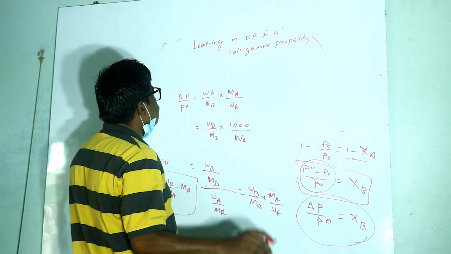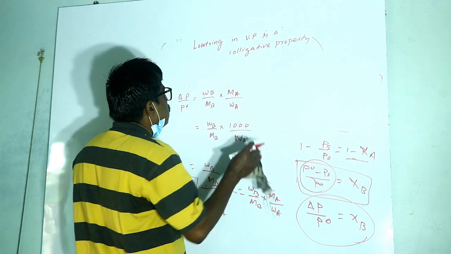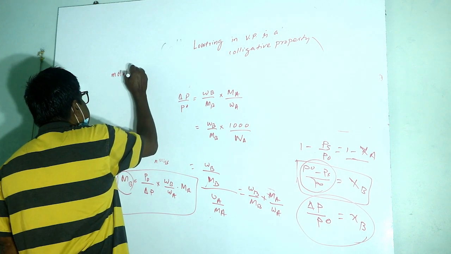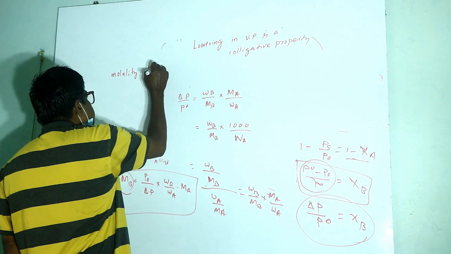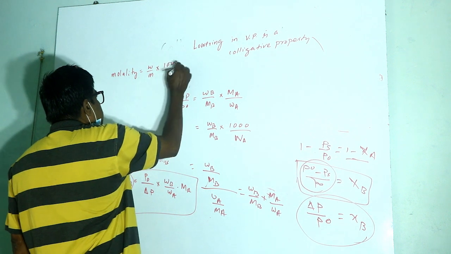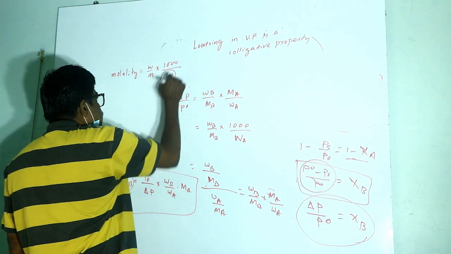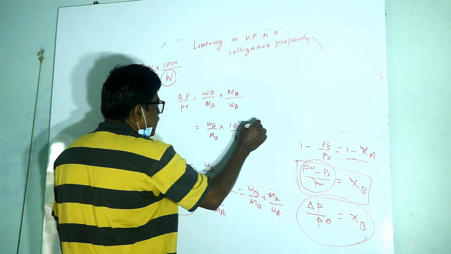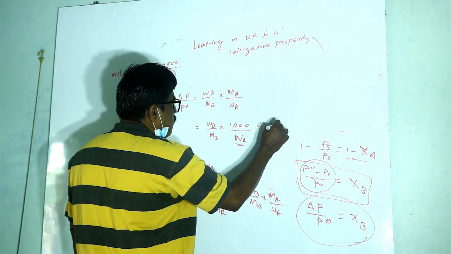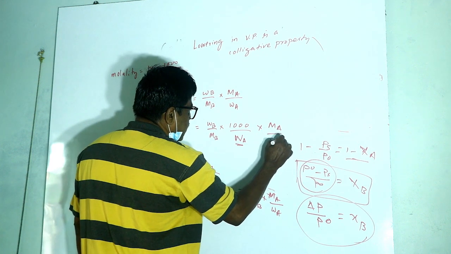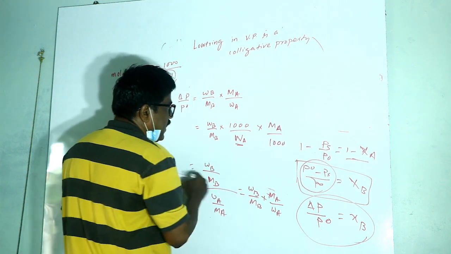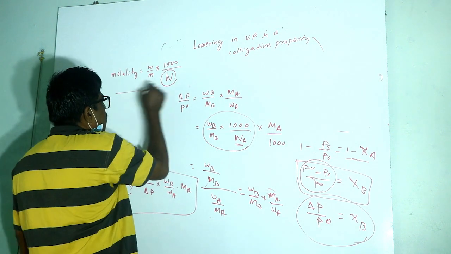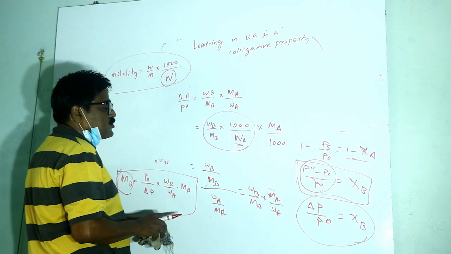So now here we can write molality is equal to W by molecular mass into 1000 by capital W. Here W is the weight of the substance in gram, and here another term, MA, we can write with 1000, because 1000 is multiplied here. This is the molality term. You know the formula from the concentration terms.